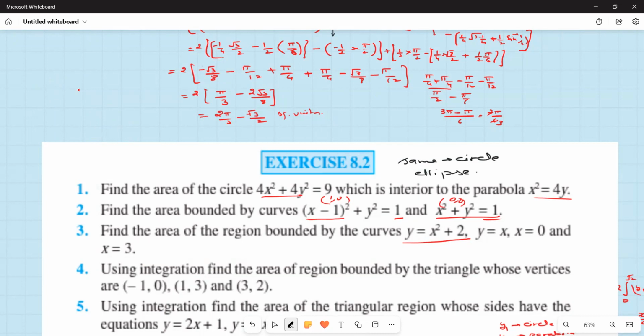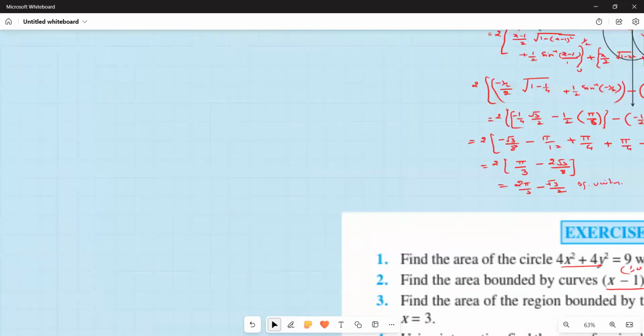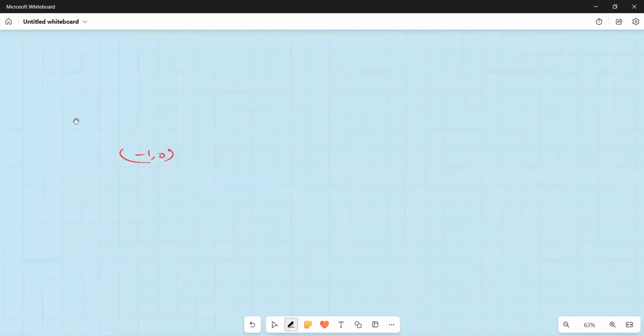Next is: using integration, find the area of the region bounded by the triangle whose vertices are (minus 1, 0), (1, 3), and (3, 2). One point is (minus 1, 0), another point is (1, 3).